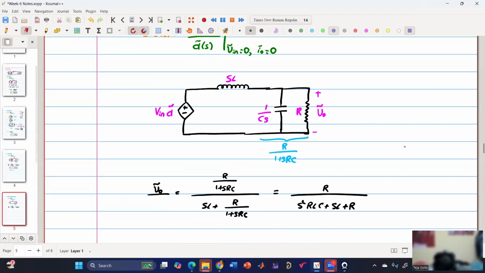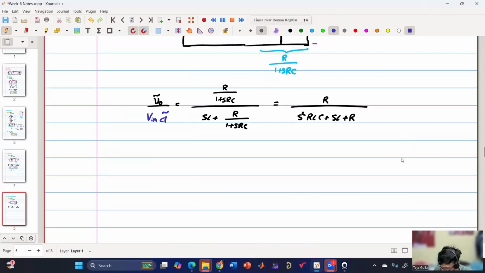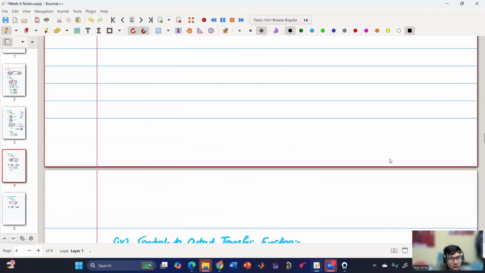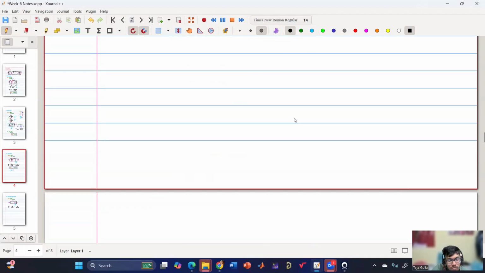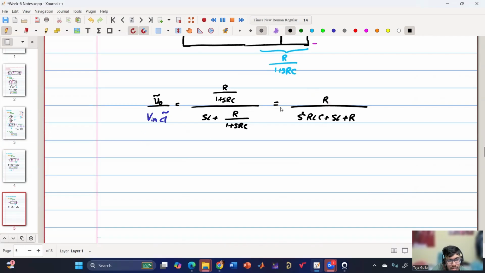Instead of D into V in, we have V in into D part. So now if I bring the V in here, and write the expression similar to how we have written, the D will be coming here. Instead of D, we'll have V in coming over here.